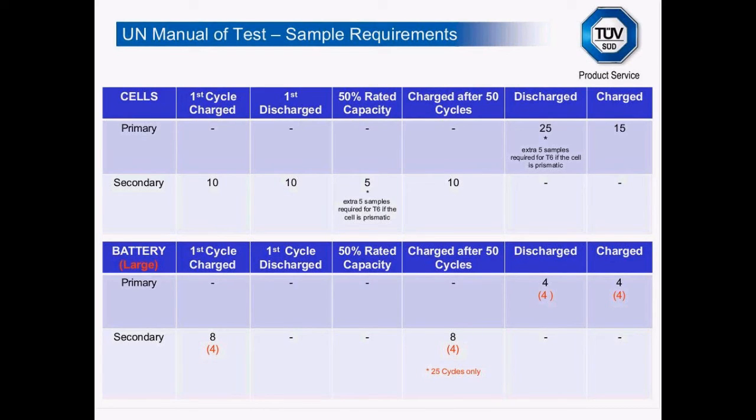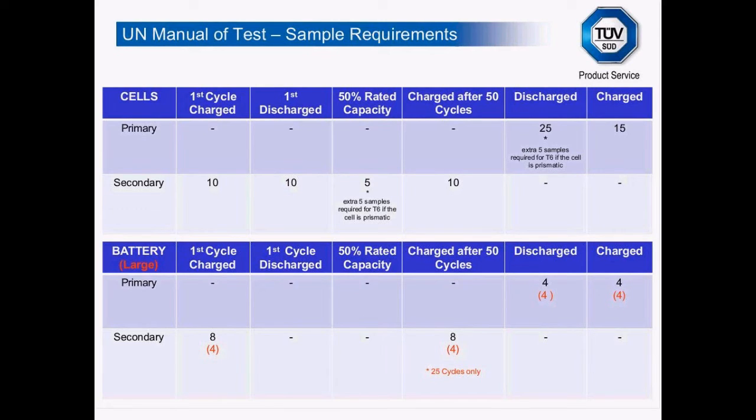For prismatic cells, an additional 5 samples are required for the impact test, T6. So basically this is required because 5 samples will be tested along the longitudinal axis, and another 5 samples will be tested along the other axes when the impact is applied.